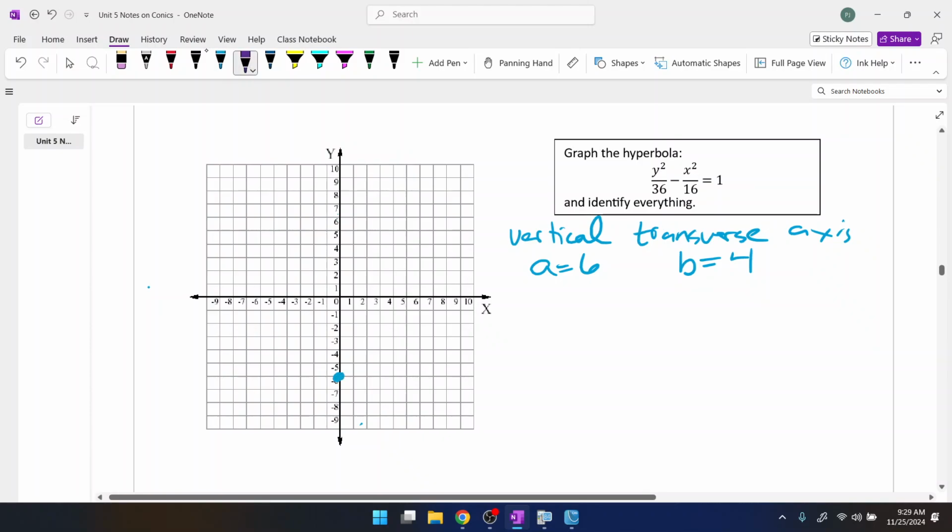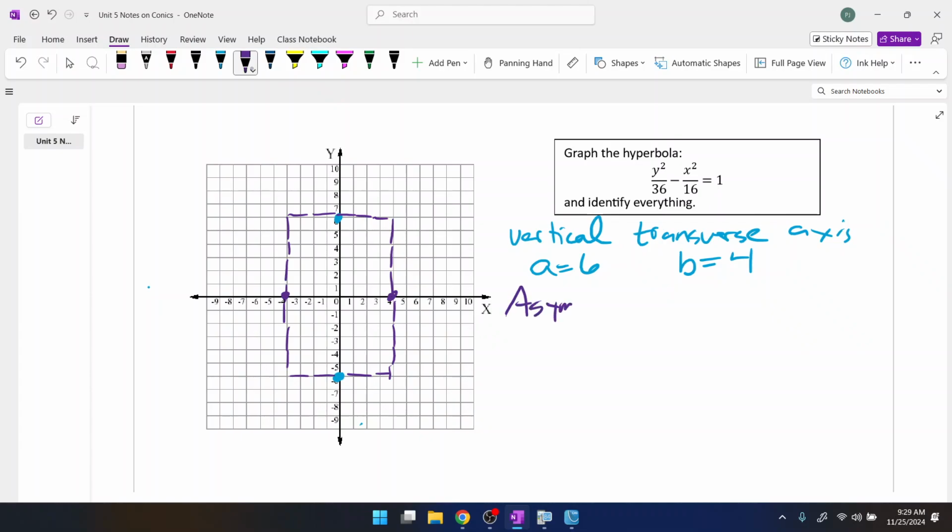And then B will be 4 here. And the purpose of doing this is to kind of enable us to draw our little box here. But you go up 6/4 or 3/2.